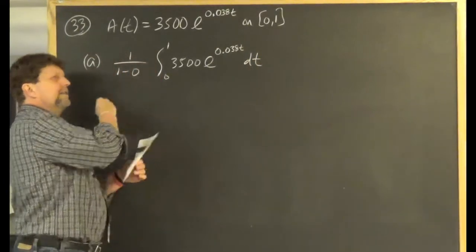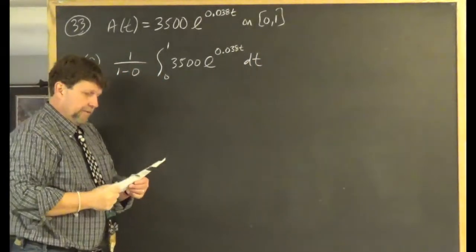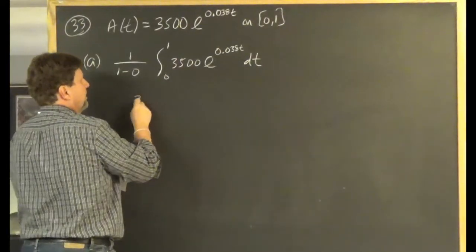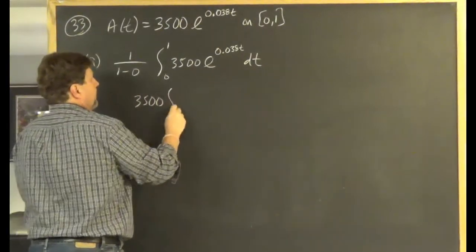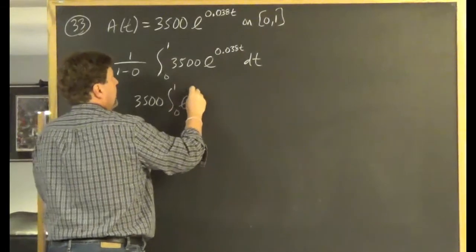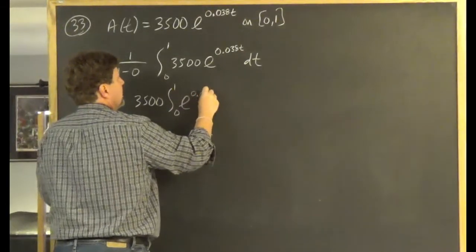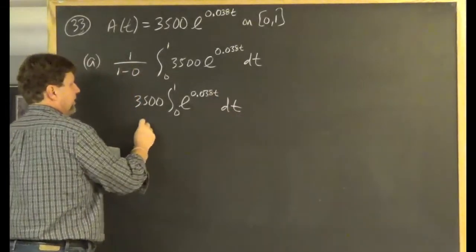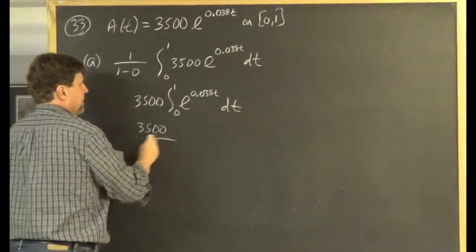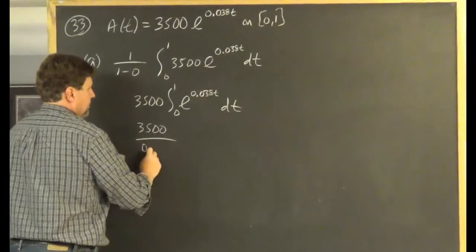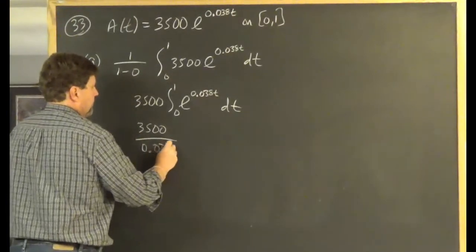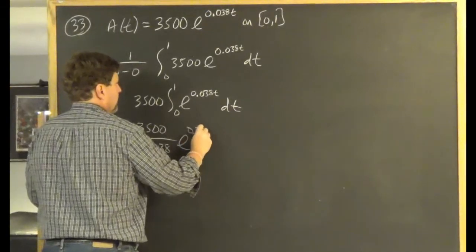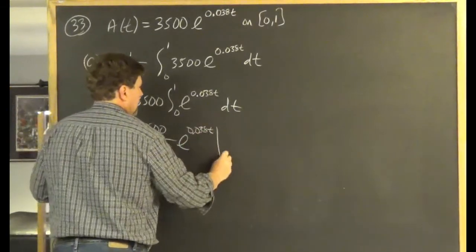Well, we know 1 minus 0 is 1, 1 over 1 is 1, so we have that. And I could rip the 3,500 out front. And then it's very easy to get an antiderivative. The antiderivative, we get 3,500 over 0.038 e to the 0.038t.